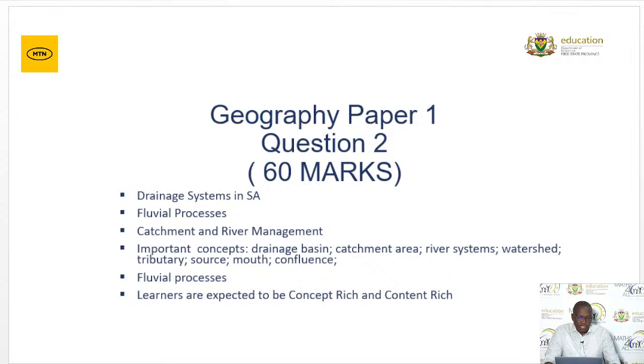Now, fluvial processes: you must be able to analyze and explain those different fluvial processes. But if you look at bullet number 4, the important concepts: drainage basin, catchment area, river system, watershed, tributary, source, mouth, confluence, drainage density. There are so many concepts there in geomorphology.